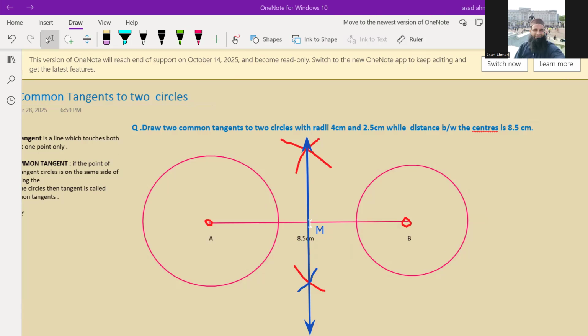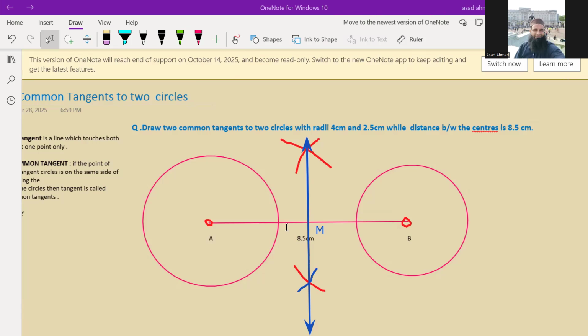Now by taking M as center and radius MB or MA, we have to draw another circle. That circle will be a supporting circle, not an actual circle. So the first task is that you have to draw one circle by taking the perpendicular bisector.